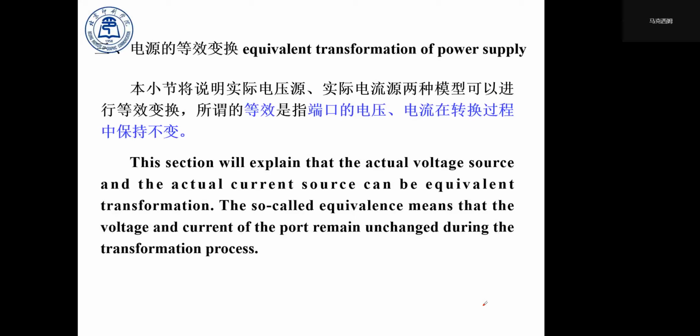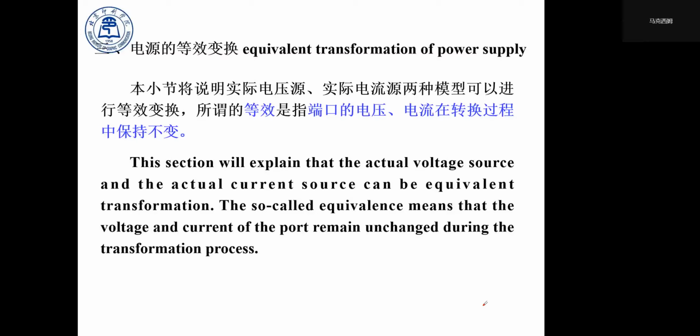Now we're going to talk about the equivalent transformation of power supply. In this section, we will have two kinds of real source, the voltage source and the actual current source, to do that equivalent transformation. The so-called equivalent means that the terminal current and the terminal voltage remain the same before and after the transformation.